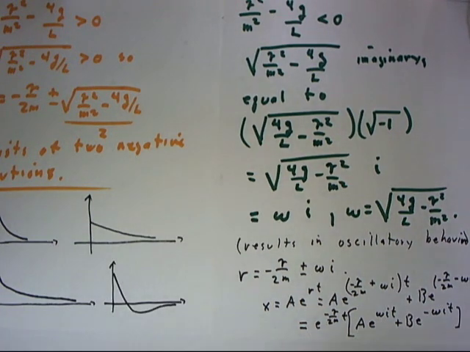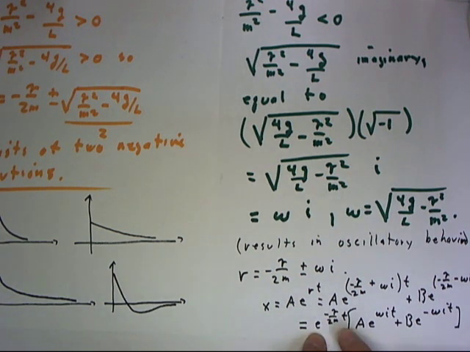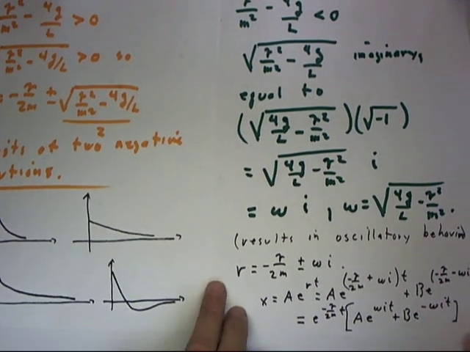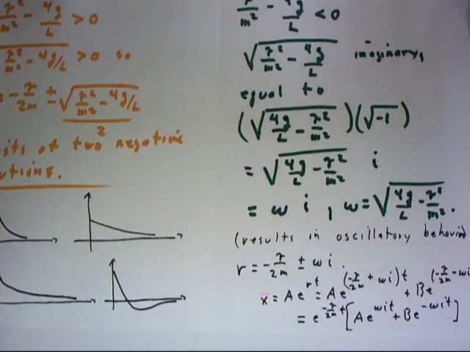And from what we've seen before, it's going to be easy to understand that this is just a decaying exponential multiplied by some combination of sines and cosines of omega t. The sines and cosines are going to give rise to oscillatory behavior.